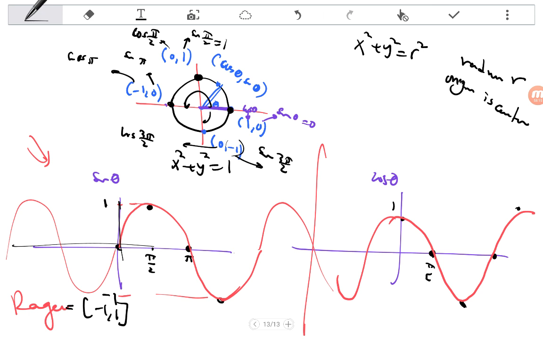Yes, the domain is R. So the sine and cosine just take anything inside. There are no restrictions to what you put inside a sine or a cosine. You can put anything inside it and there will be a sine or a cosine for it. Okay.